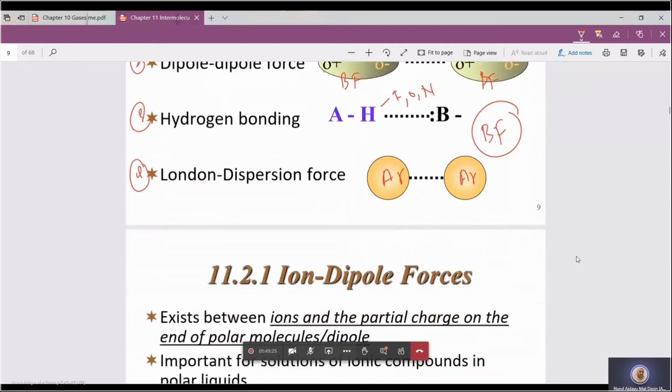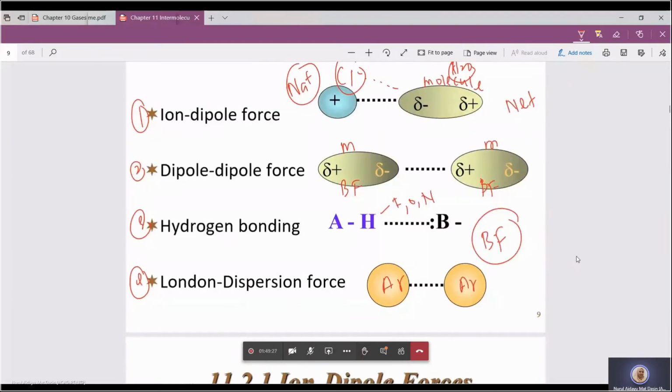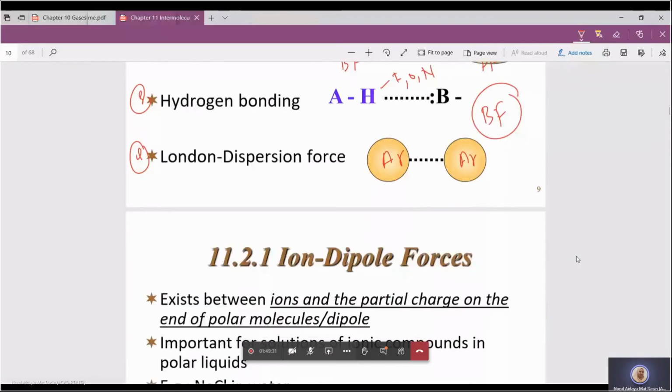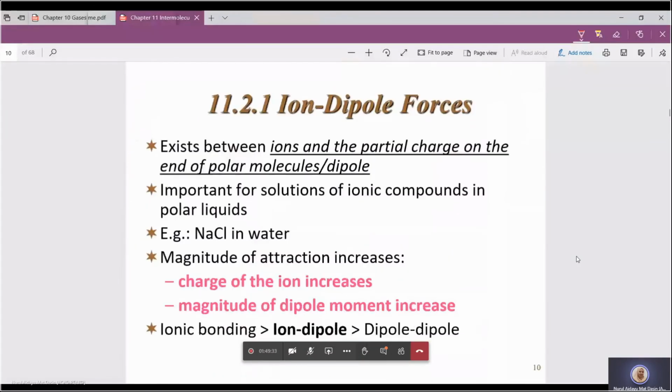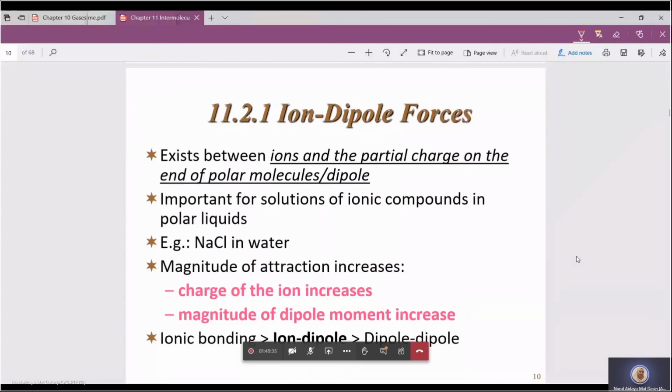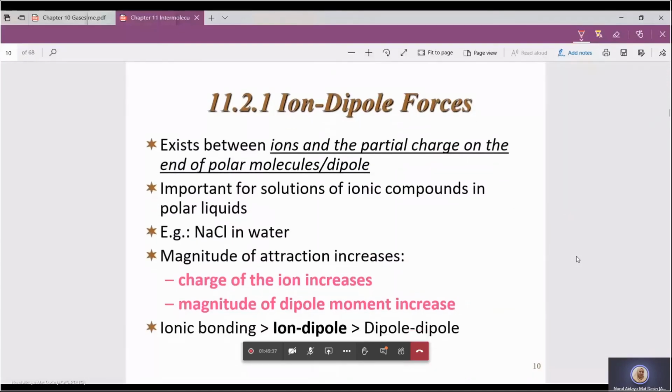Okay, first ion dipole. These are the 4 types of bond. We go one by one. Ion dipole force exists between ions and partial charge on the end of a polar molecule or dipole. Example, NaCl in water. So Na plus ions are surrounded by water molecules, right?